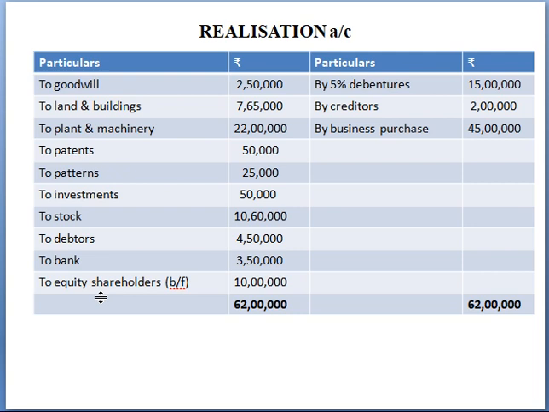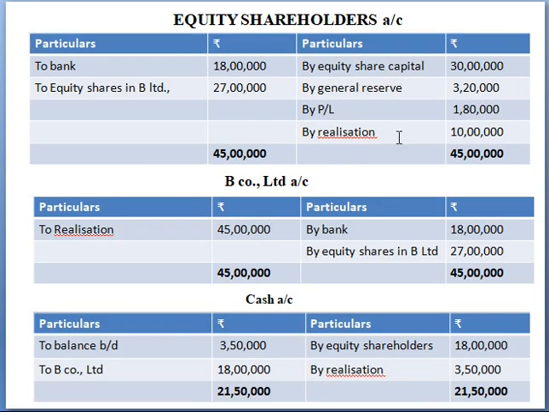So a basic norm is there: for every debit there will be an equal and corresponding credit. So here the equity shareholders account is debited. So now you transfer the entry. You just give the credit entry by realization account 10 lakhs. Now your ledger will balance.